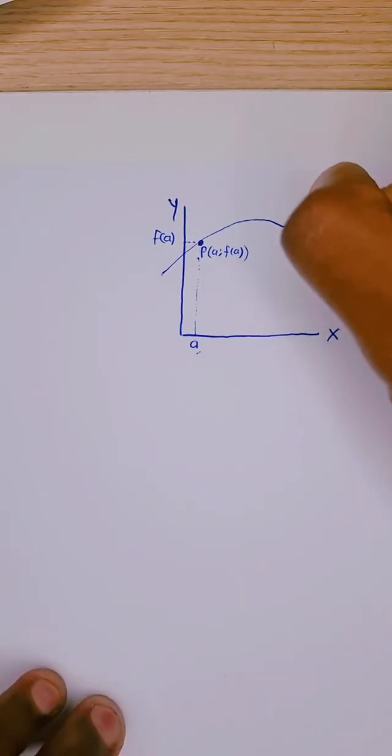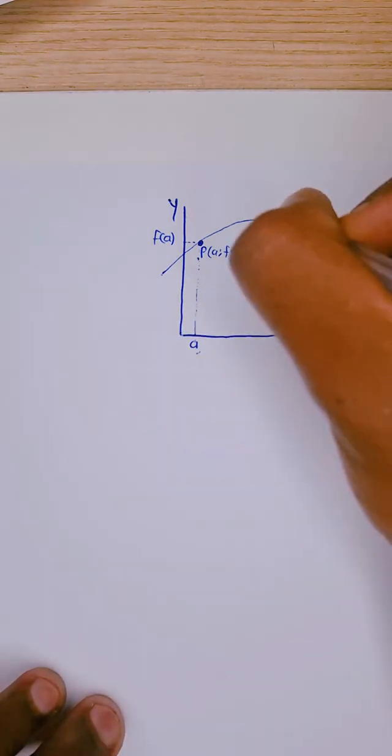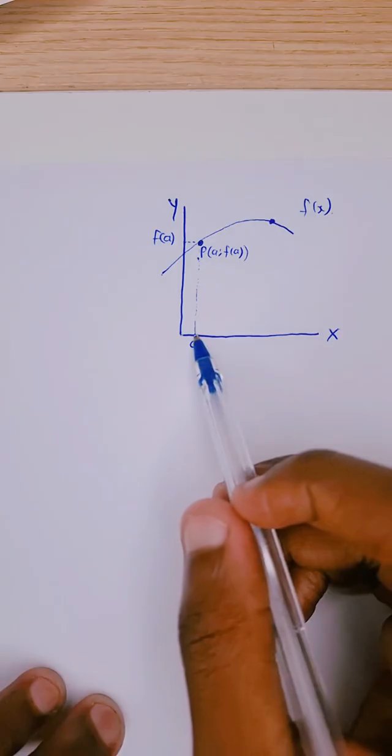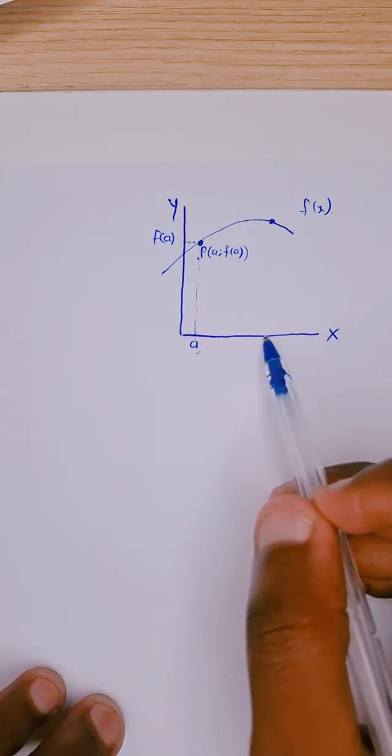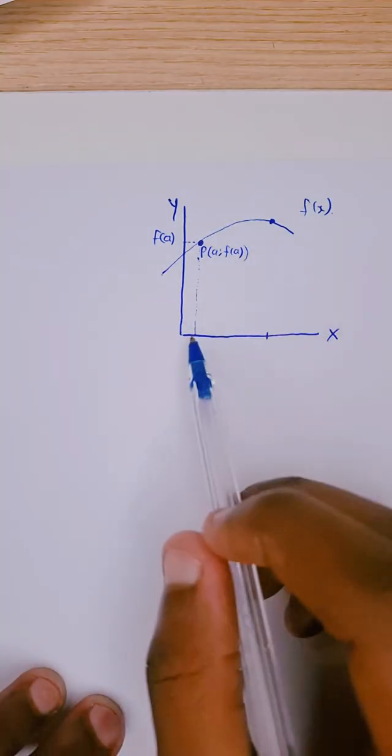Let's say this is the function f of x. And let's say there is a particular point that is h distant away from a.